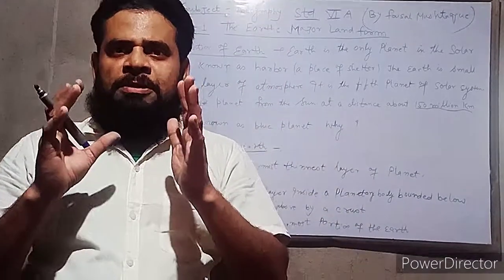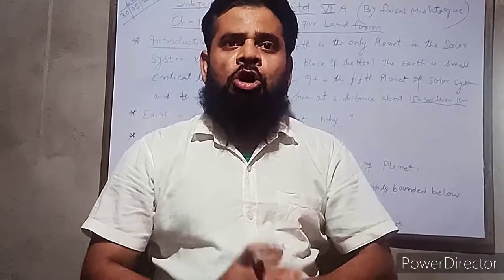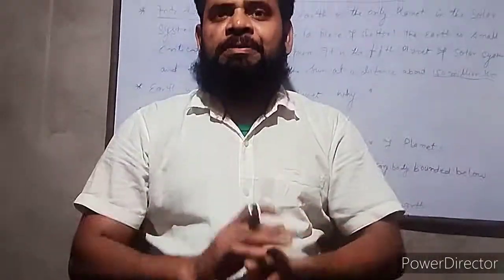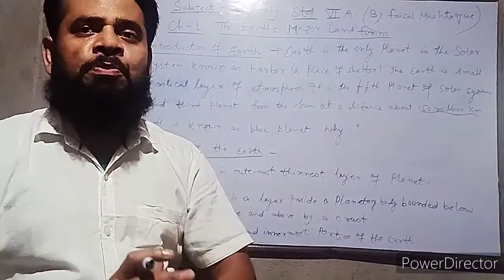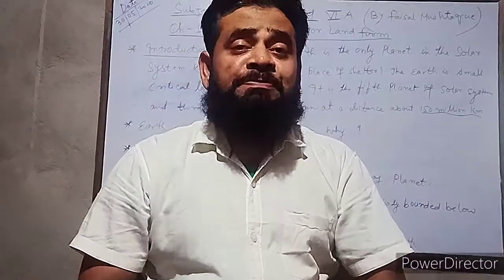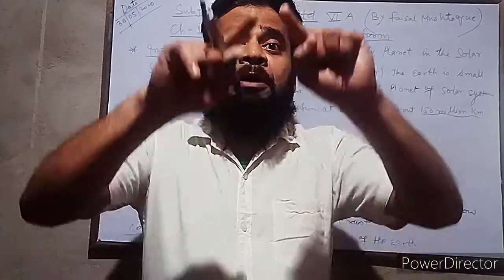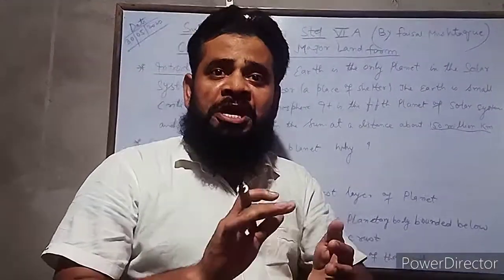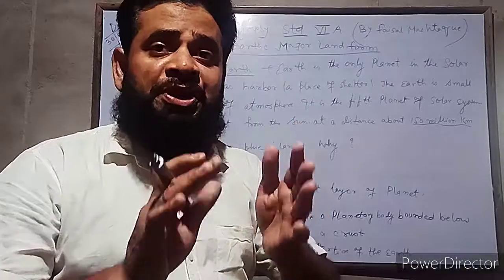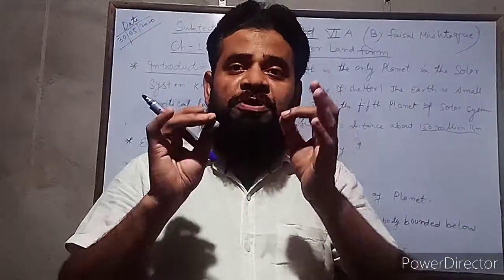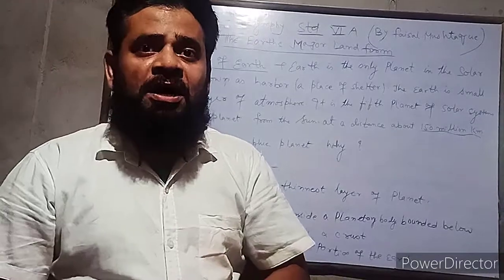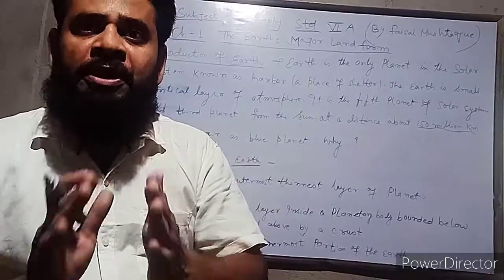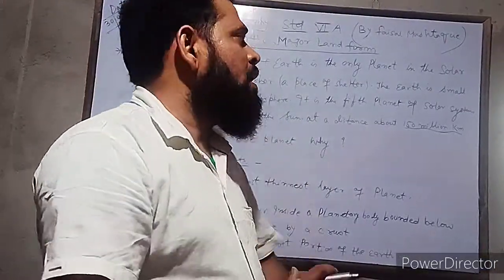Based on their observation, the Earth acquired a nickname, the blue planet, because 70% of our planet is covered with oceans, rivers, and a number of water bodies. The Earth is home to millions of species of plants and animals.